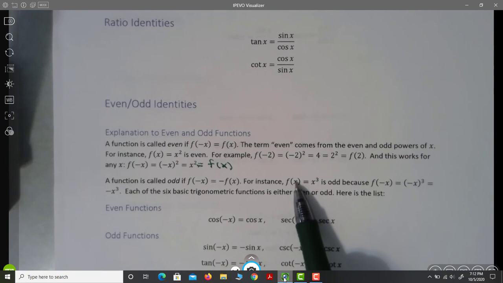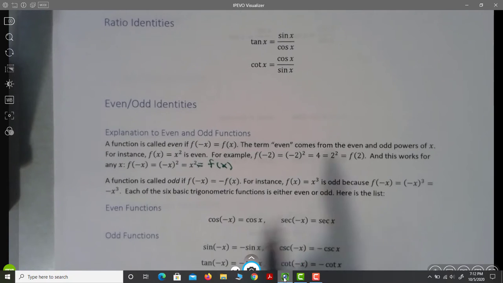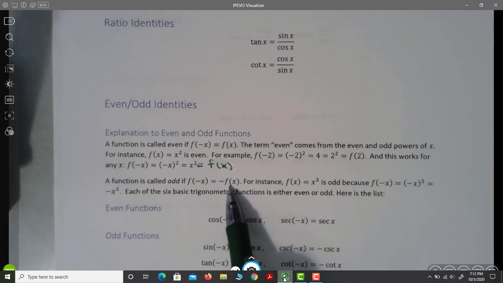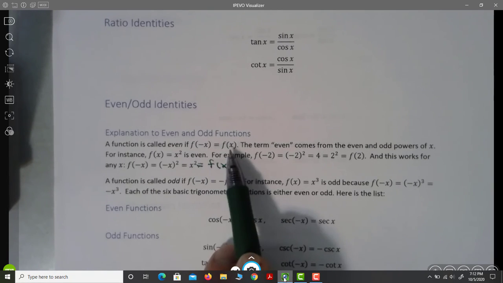If I plugged in minus 2, I get minus 2 times minus 2 times minus 2. I have 3 negatives, so we're going to have 1 negative left over, and I get minus 8. 8 and minus 8. So f of minus 2 is the same as the negative of f of 2. And that's what this notation here means. So that's an odd function.